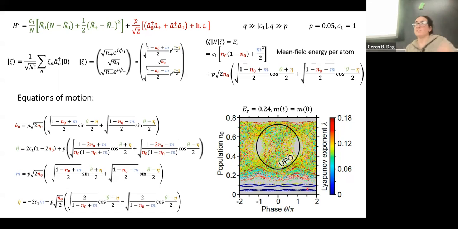Yes. Why did you introduce the coherent state? Is it an eigenstate of the Hamiltonian? No, it's not an eigenstate of the Hamiltonian, but we want to go to the mean field limit, right? Because that is where our phase space lies, that's our classical limit. There has to be a way to go to the classical limit.